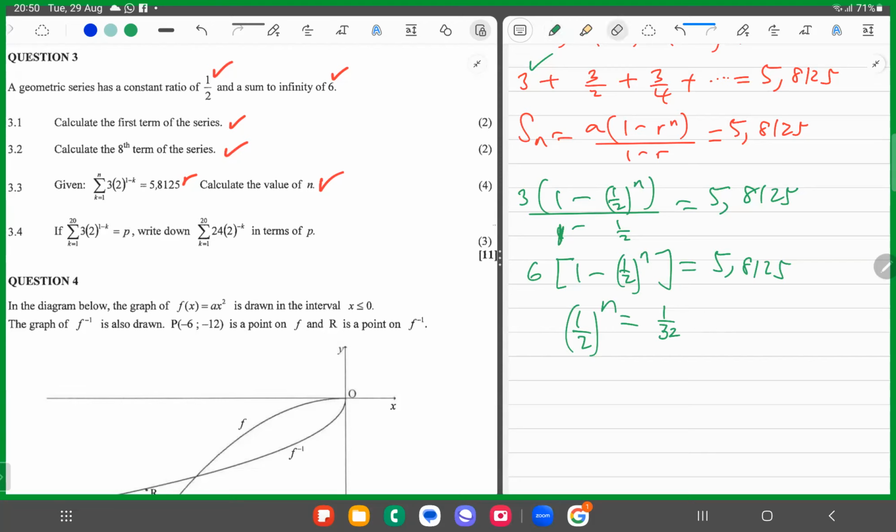You can remove this, so that you write the following. It is exactly that there. And then this can be written as 2 to the minus n is 2 to the minus 5, which clearly means n equals 5 here. Alternatively, you can use the log.